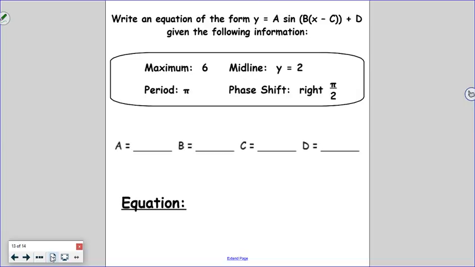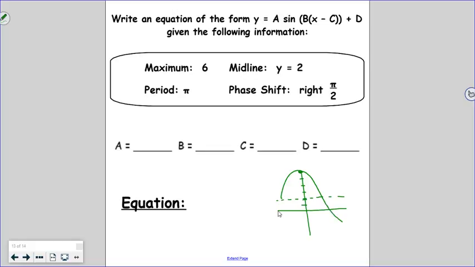And again, if you're having trouble, draw yourself a picture of what's going on, right? So as we start, it says max is 6, midline's 2, period pi, phase shift right, pi over 2. They say I've got a midline up at 2 and a maximum happening here at 6, right?